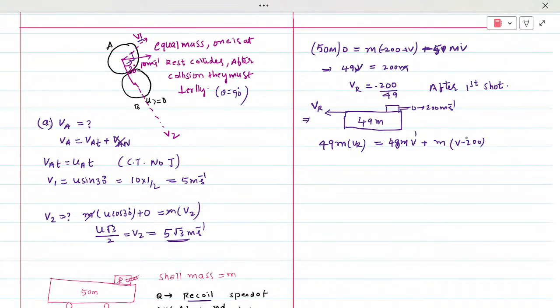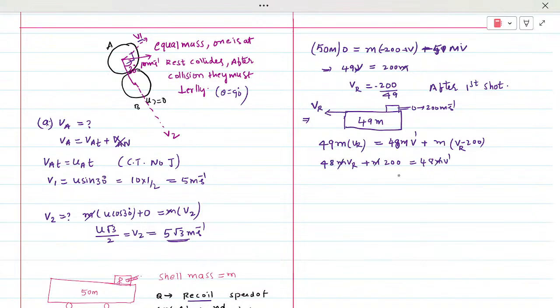Then right direction is negative. So now mV will come this side. This is VR. Therefore 48 m into VR plus m into 200 is equal to 48 m into V dash.